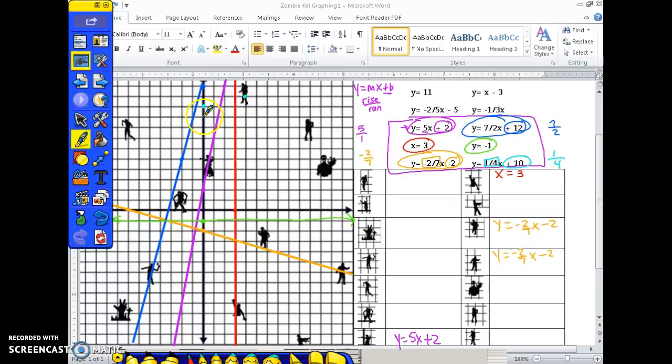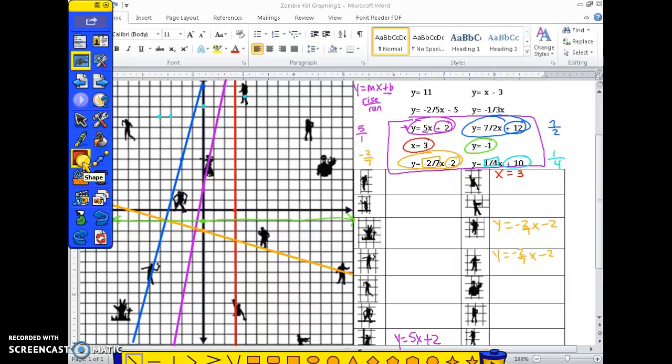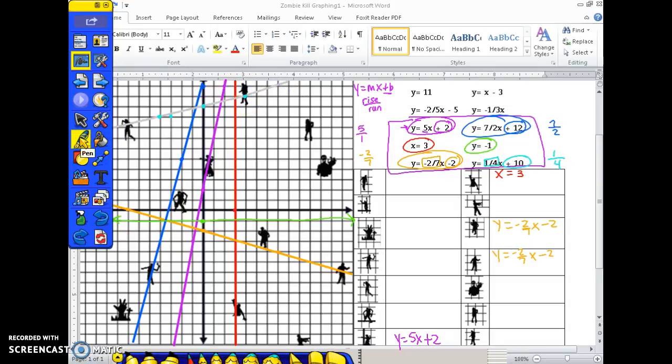Or you can go down 1 and then to the left 4. Just remember, you have to do the opposite if you do the opposite of what the numerator tells you to do. And that graph will look like this. So that is how you graph y equals 1/4 x plus 10.